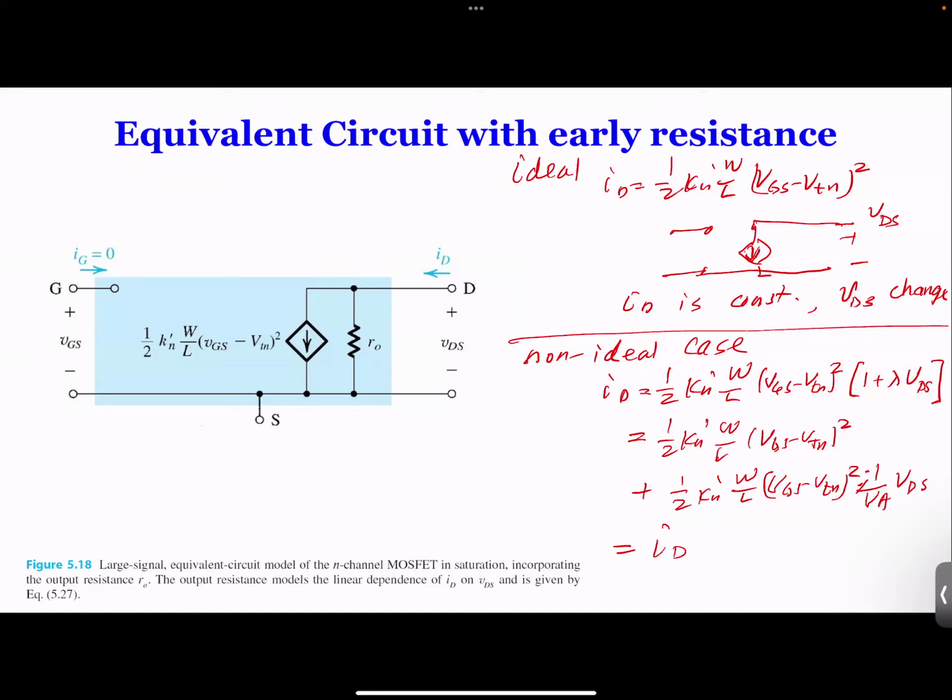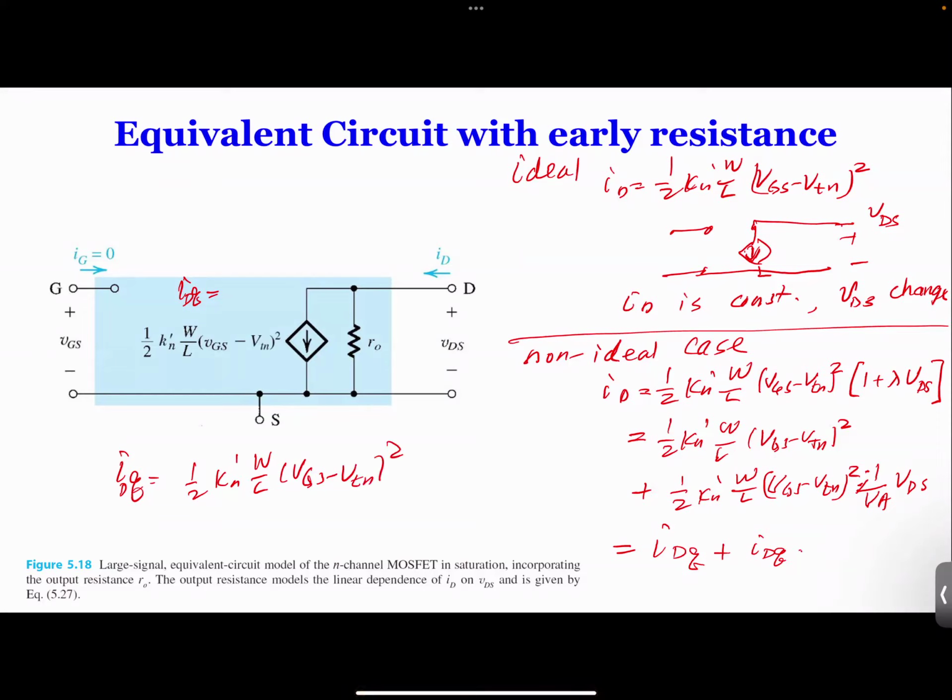Let's call the first term IDQ. We let IDQ equal 1/2 Kn prime W over L times (VGS minus VTN) squared.